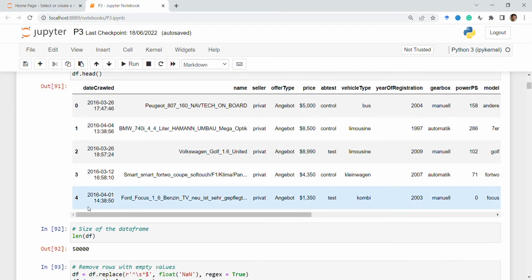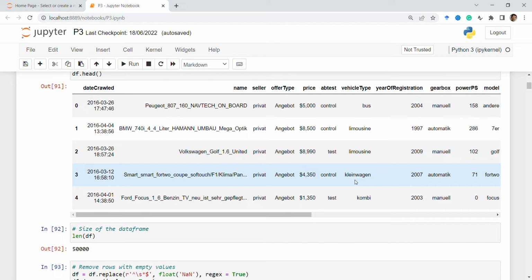So let's see if we can predict the price of these cars using all these variables.